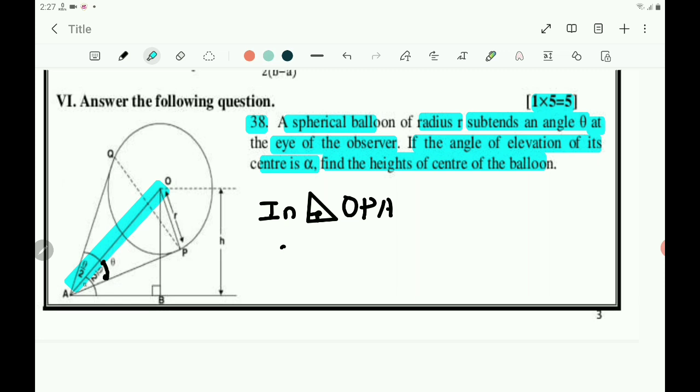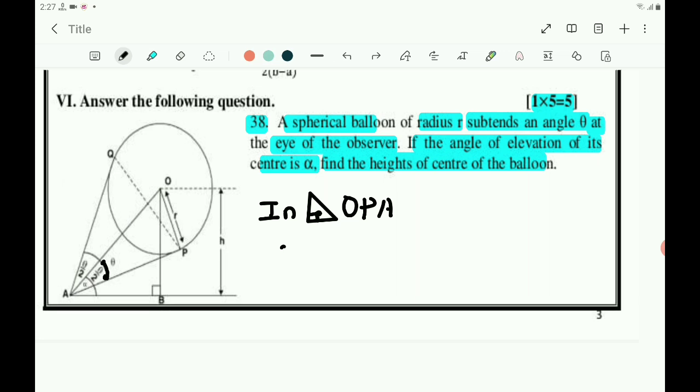Why do we take OA? Because OA is the common side of both the right angle triangles, OPA and OBA. Therefore, let us consider the side OA only, that is the hypotenuse of the right angle triangle.